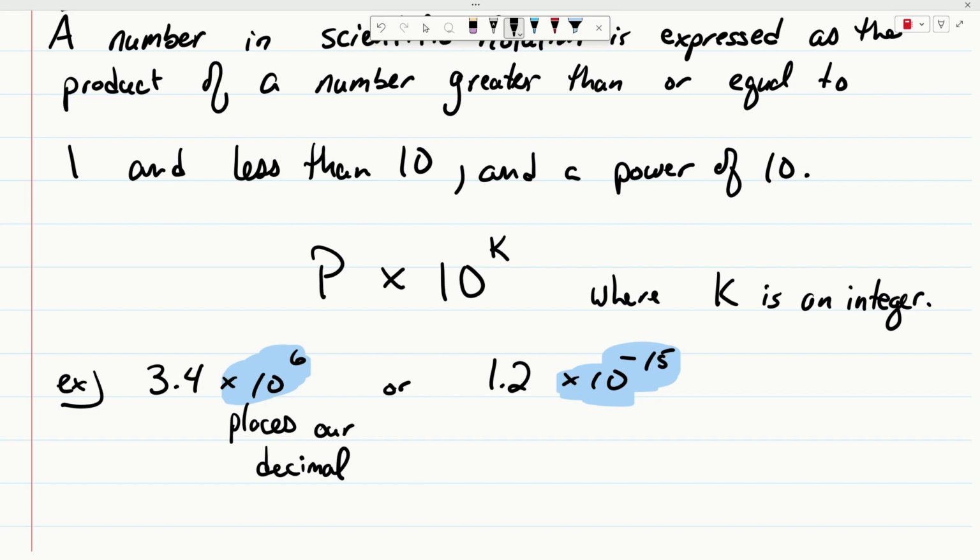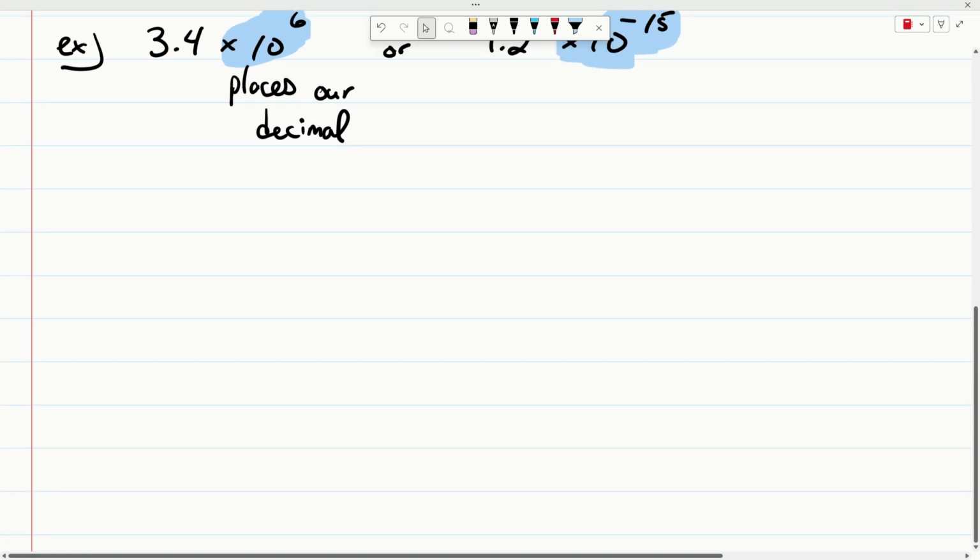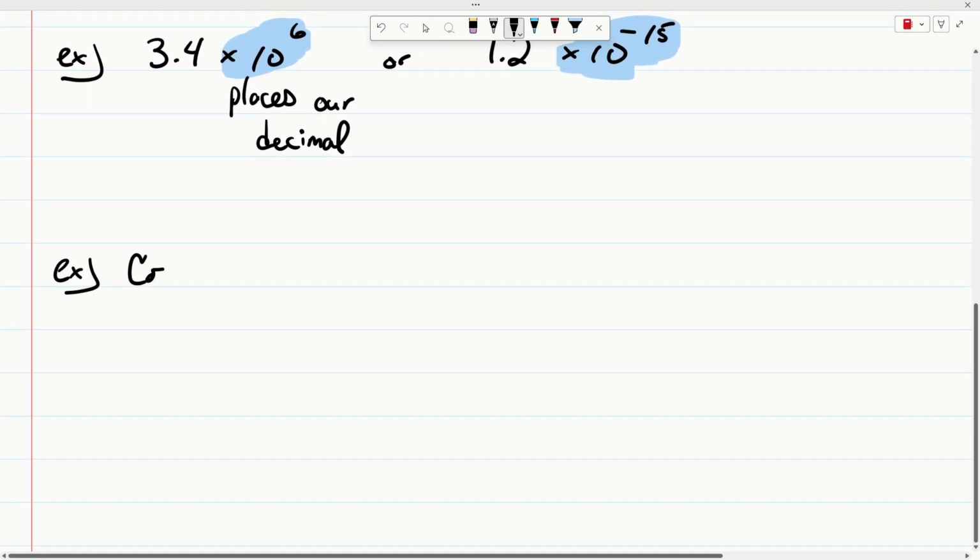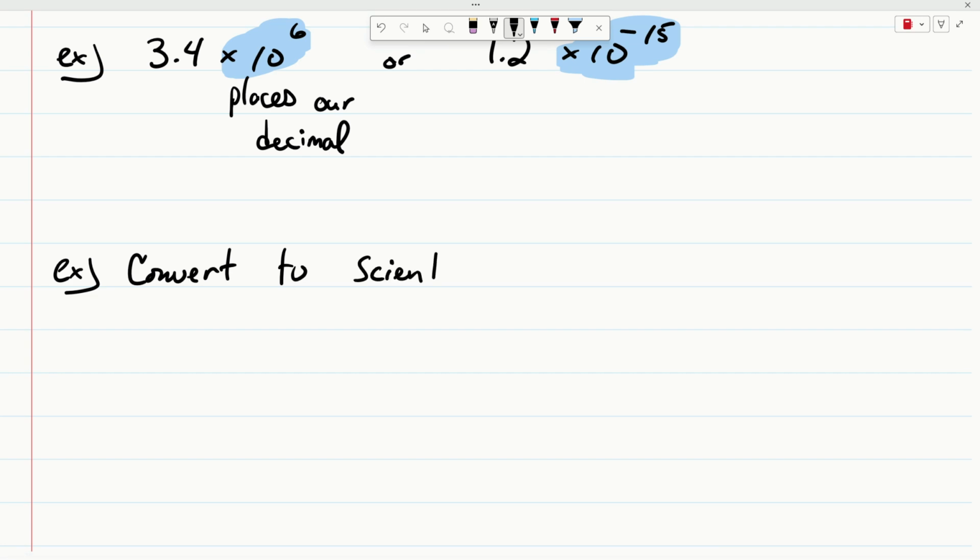All right? So let's look at some examples where we are taking regular numbers and converting them to scientific notation. Now remember, according to our definition, in order to put a number in scientific notation, it has to be between 1 and less than 10.